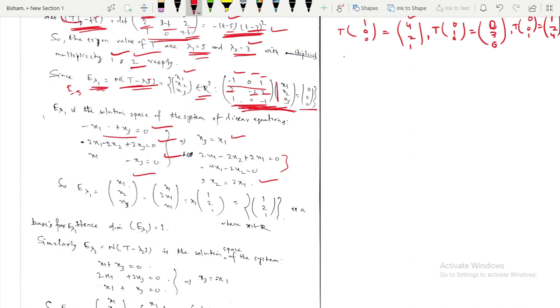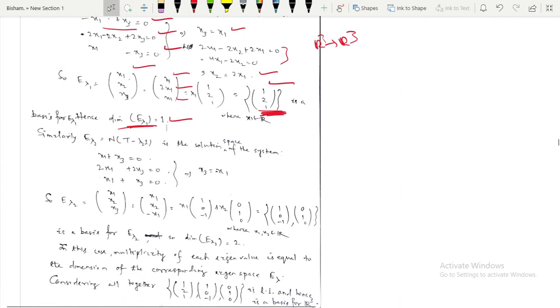So (x1, x2, x3) is (x1, 2x1, x1). Taking x1 common, this is (1, 2, 1). So the eigenspace of lambda 1 is this one. Its dimension is 1, because this is a single vector in R3.